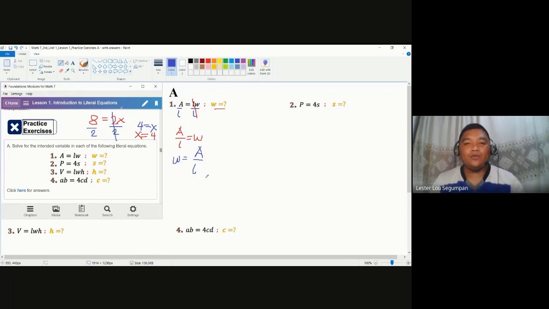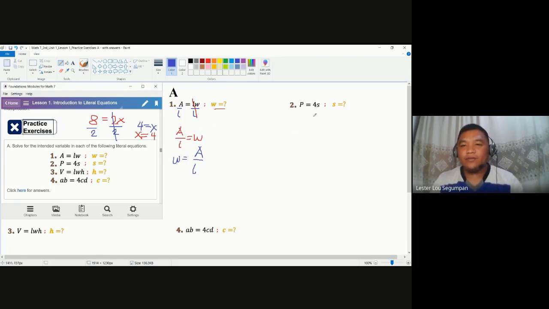If we are going to just simply use all upper cases or capital letters without considering that some of them are actually given as lowercase or small letters, we are actually changing the whole literal equation. So again, please be reminded that if the variable A here in the given is an uppercase or a capital letter, it should stay as a capital letter. The L should stay as a lowercase or a small letter, as well as W.